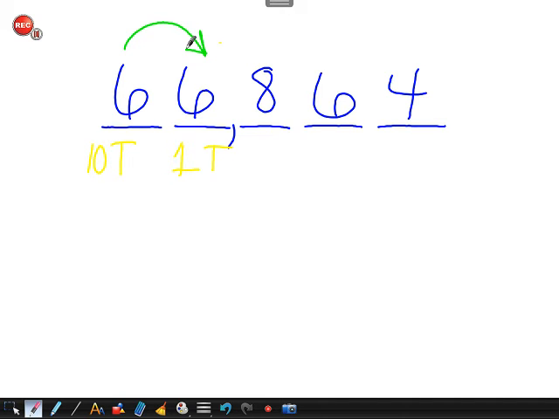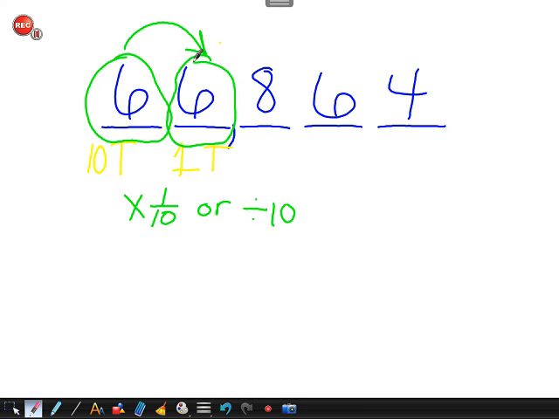So that is a times 1/10 move, or a divide by 10 move. This 6 right here is 1/10 of this 6 right here.